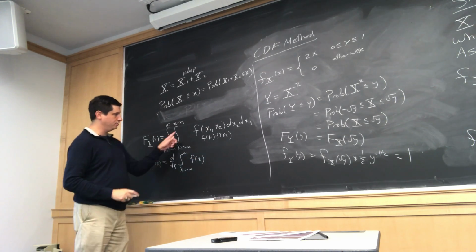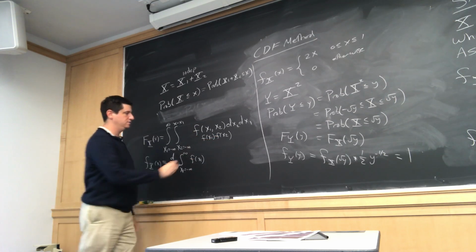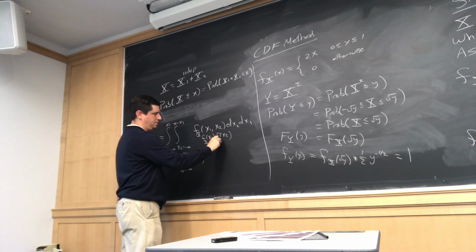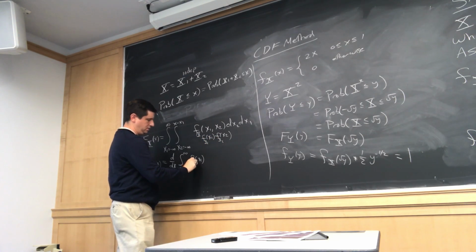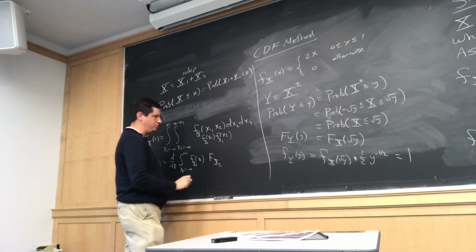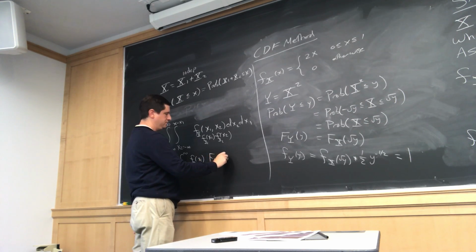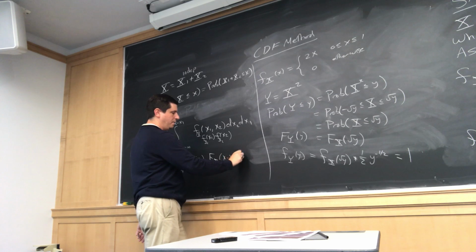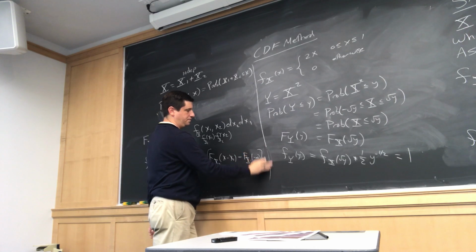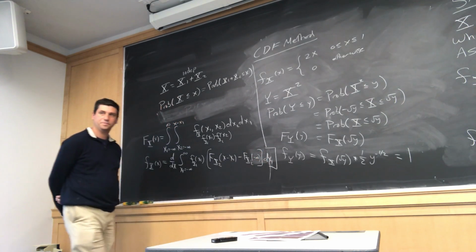And in the x2 integral, this will just be the cumulative distribution function of x2 at x minus x1 minus the cumulative distribution function of x2 at negative infinity, dx1.